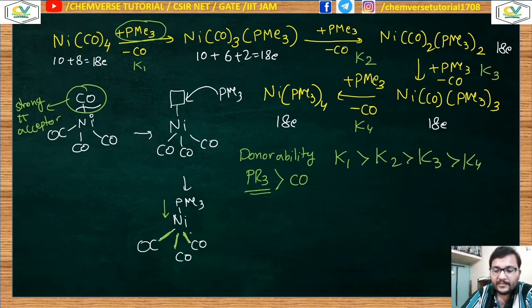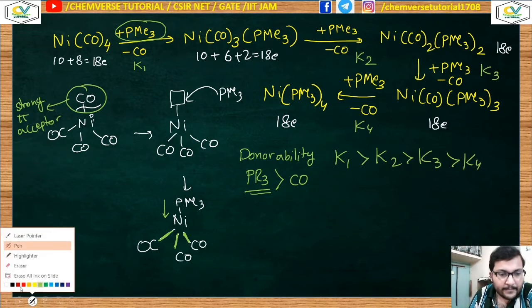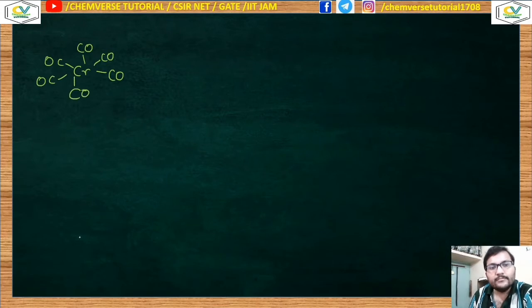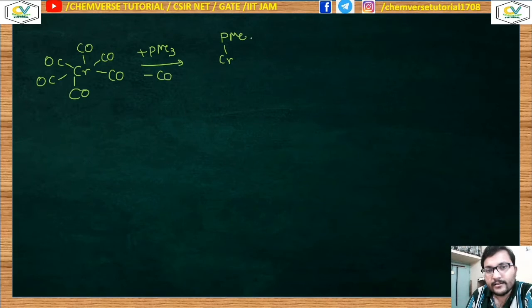Okay. Now a similar kind of thing we can observe for the successive substitution of this chromium hexacarbonyl molecule. Now this molecule is treated with trimethylphosphine and it is undergoing successive substitution.